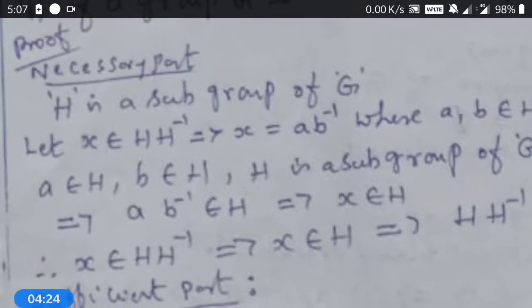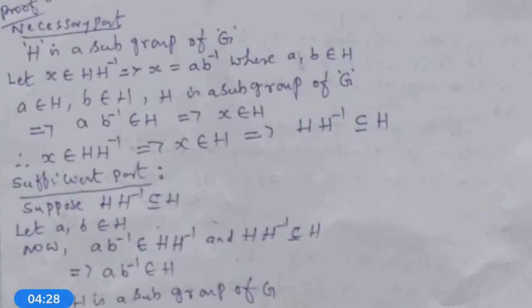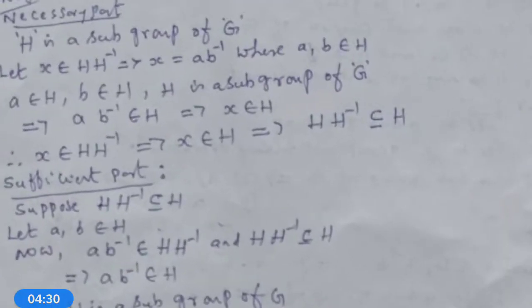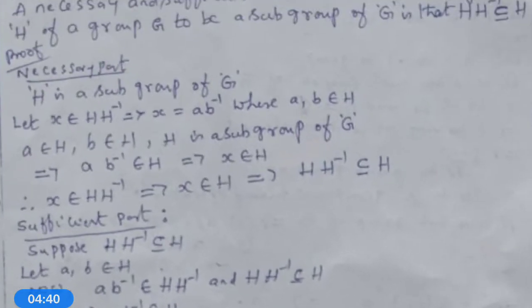Once again, the necessary part. H is a subgroup of G. What is G? G is (G, ·), a group. H is a subgroup of G, which means H is a subset of G and (H, ·) is also a group.